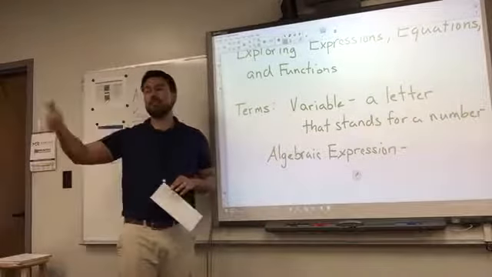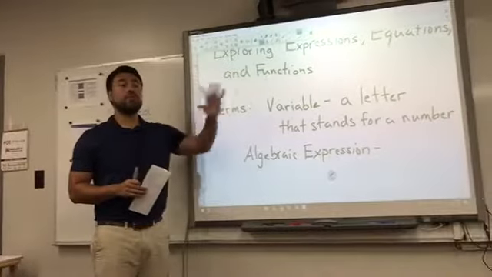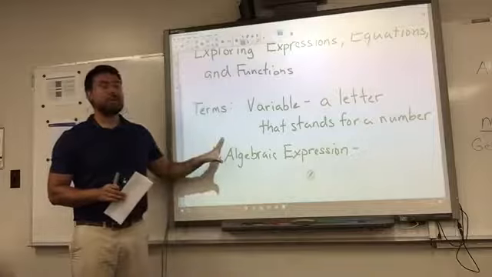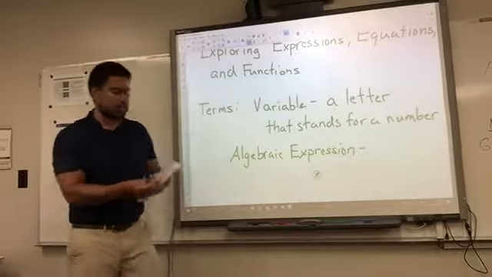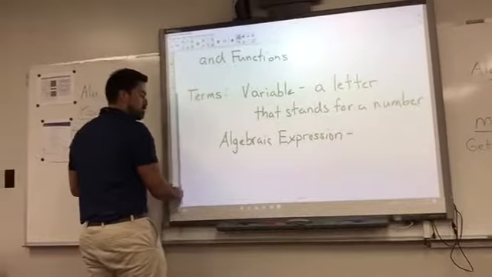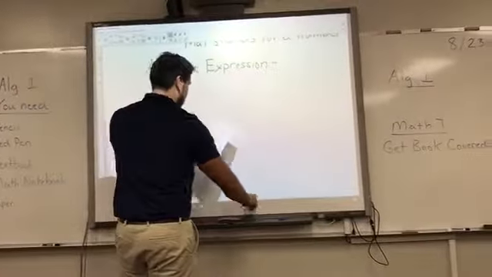It has to have a variable in it. So it's part of an equation, usually one side or the other. Or it could just be by itself with no equal sign. So here's what I'm going to do. I'm going to give you a definition, and we're going to use that definition to help us out.